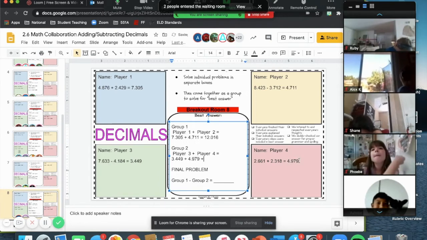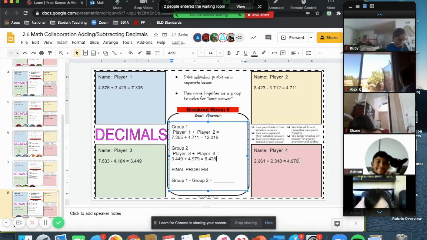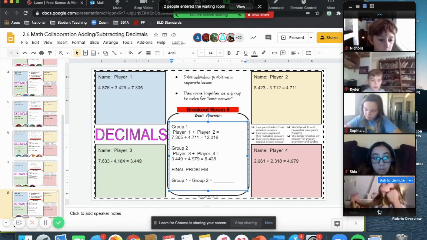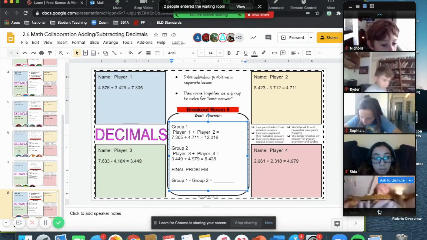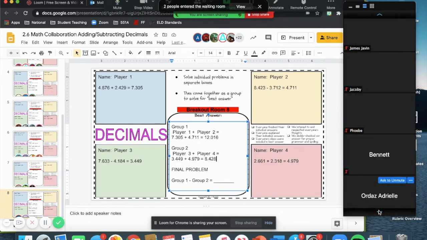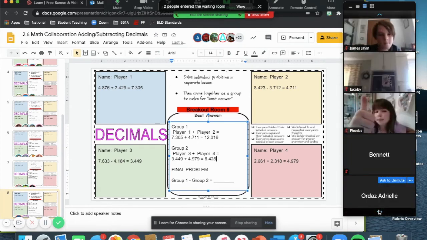And then what did your group get for this equation, Daisy J? What was your answer for this? 8.428. Is that what everybody else got? 8.428? Are you agreeing, Ryder? I see you bobbing your head. Phoebe's giving me a thumbs up.